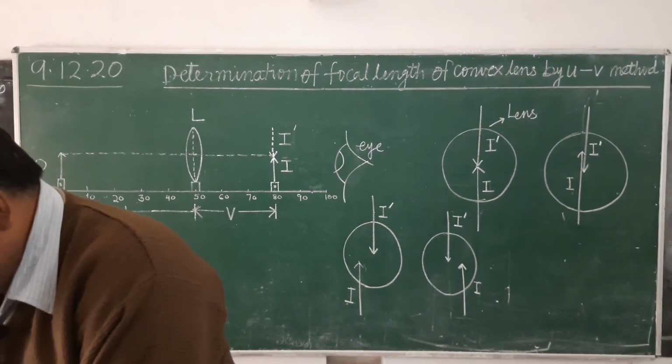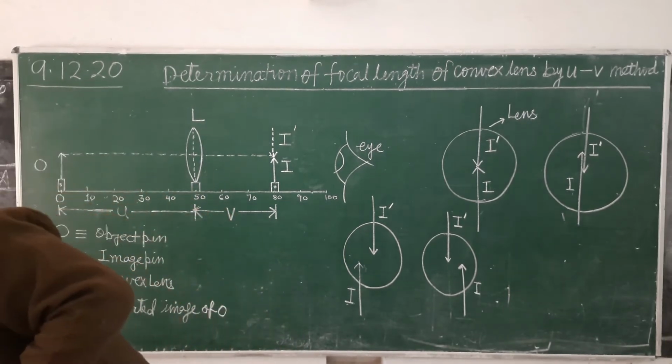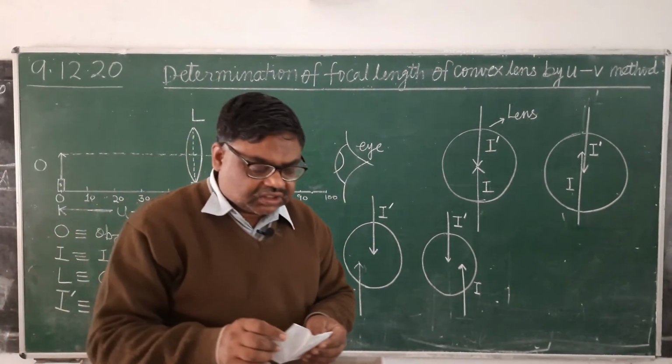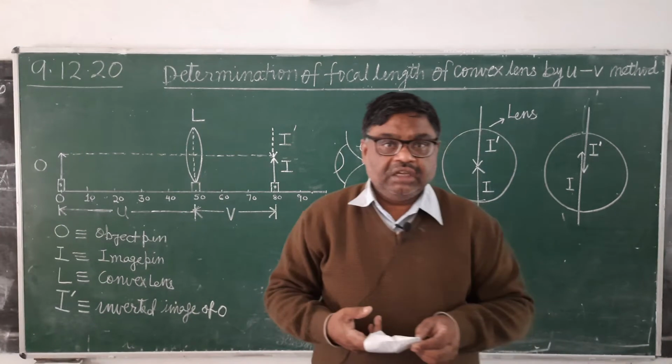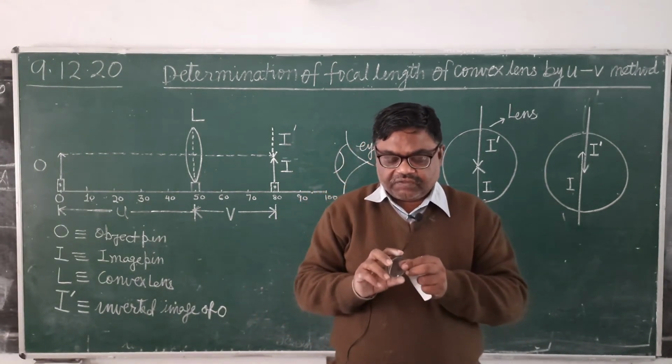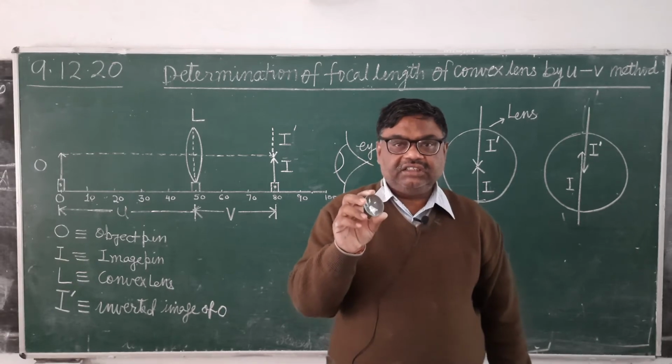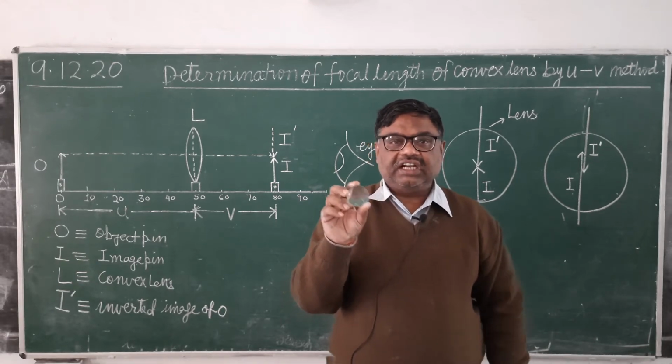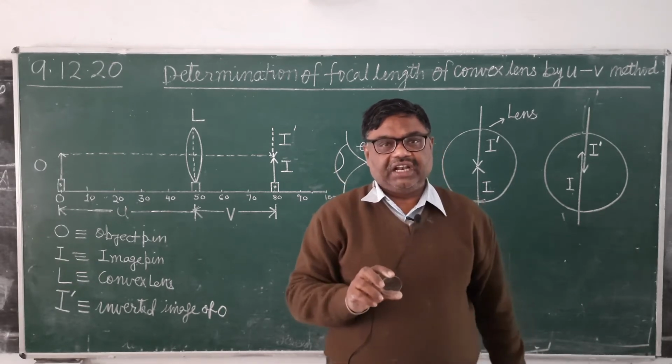So you can see here, this is a convex lens, and normally we use convex lenses of focal length. Convex lens, you know that it is thinner at the edges and thicker at the middle.